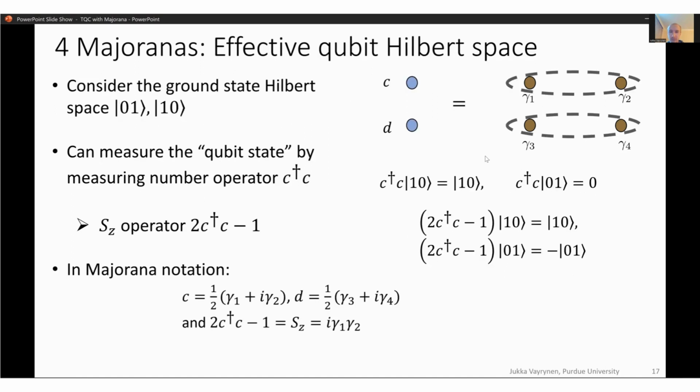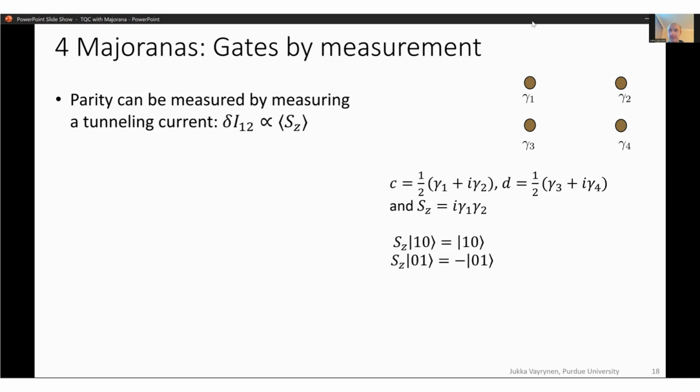Actually, before going to sigma X and sigma Y, let me mention that you can measure the sigma Z operator, for example, by running current in the system. You can connect a terminal to gamma 1 and another one to gamma 2, and when you apply voltage V between the two, you will get current from here to the ground.